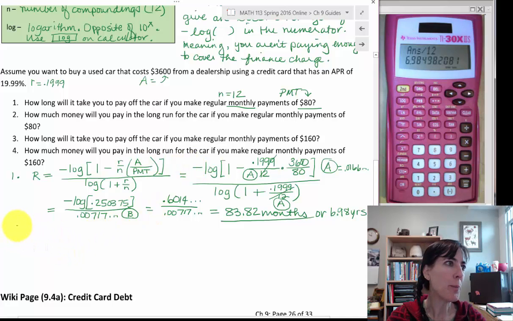Number 2, how much money will you pay in the long run for the car if you make regular monthly payments of $80?